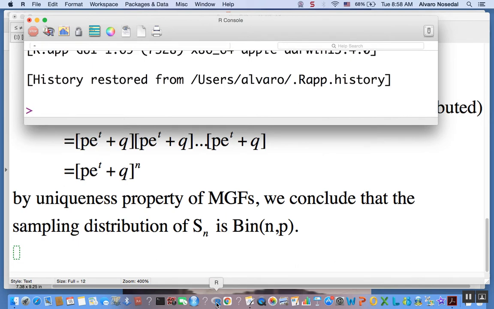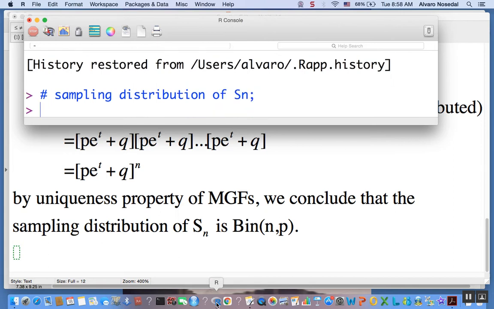So let me just say that what we're going to be doing here is playing around with the sampling distribution of Sn, right? And remember that if you type that hashtag when you're using R, that is going to be ignored by R. That will be just a comment.